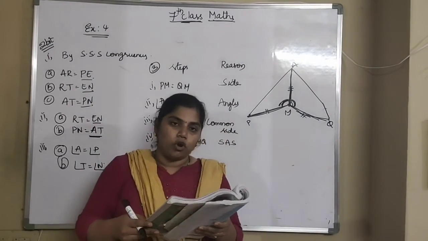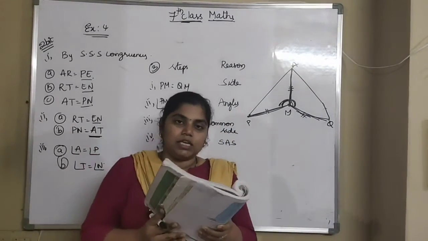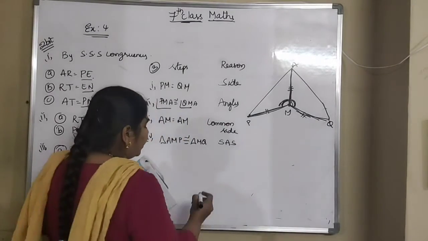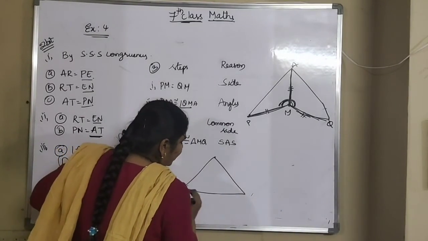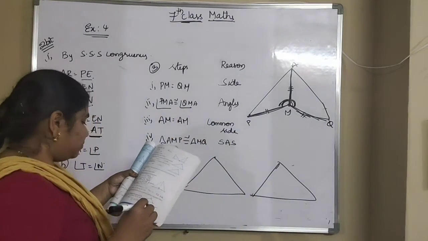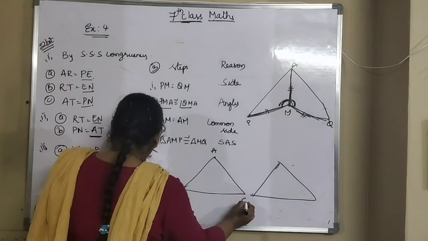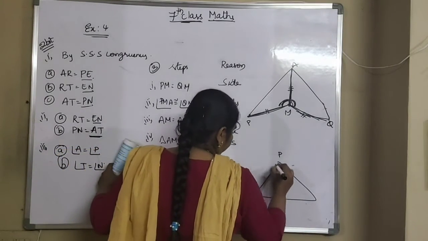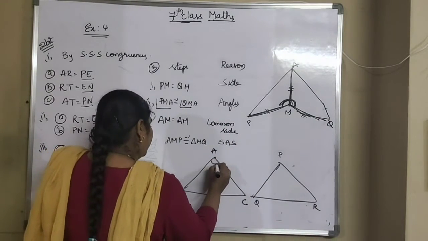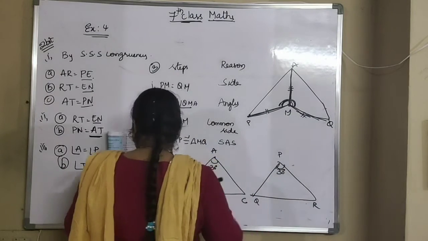Why or why not? So here they have given three angles. Angle A is equal to 30, angle B is 40, and angle C is 110. We are taking two triangles here: this is A, B, C, and this is P, Q, R. Angle A is 30, angle P is also 30.